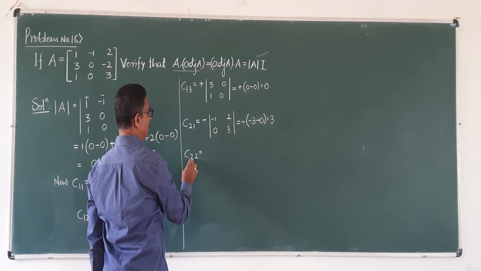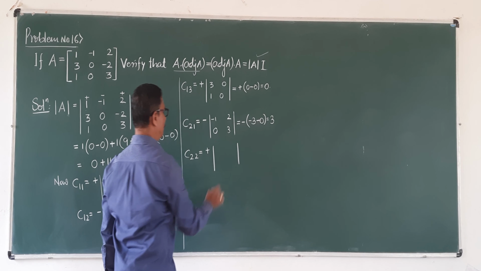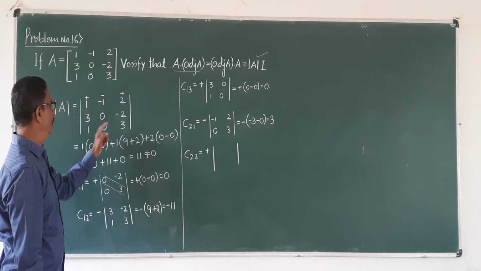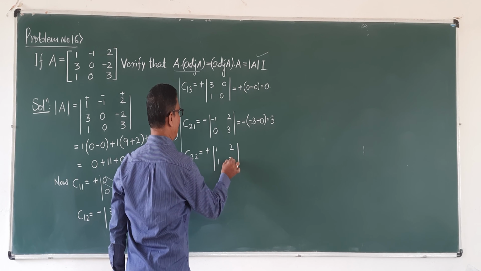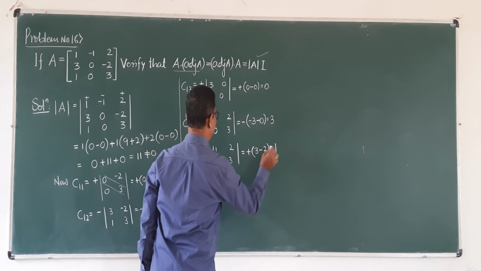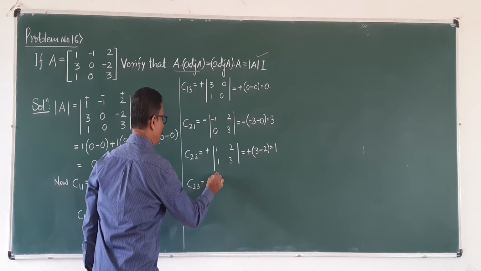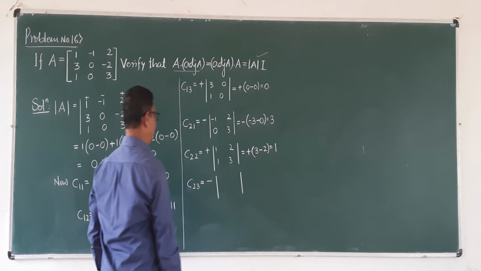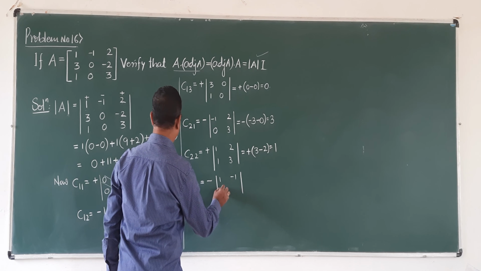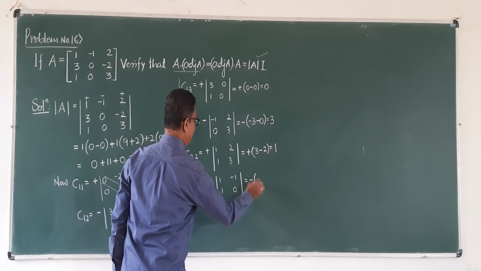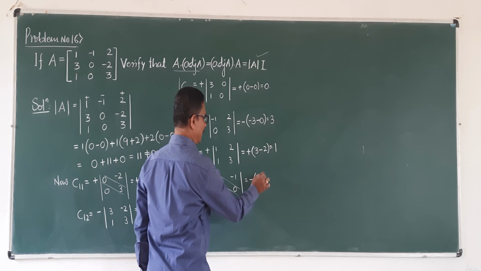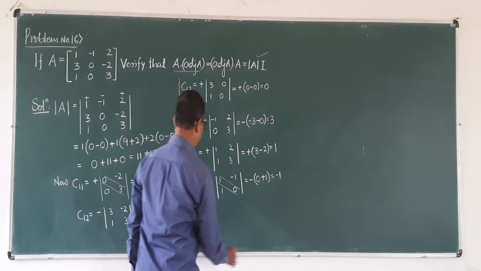C22: 2 plus 2 is 4, even, so positive. Deleting the second row and second column, we get the determinant 1, 2, 1, 3: 1 into 3 is 3, minus 1 into 2 is 2, giving 1. C23: 2 plus 3 is 5, odd, so minus. Deleting the second row and third column, 1, minus 1, 1, 0: 1 into 0 is 0, minus 1 into minus 1 is plus 1, so 1, and with the minus sign, C23 is minus 1.